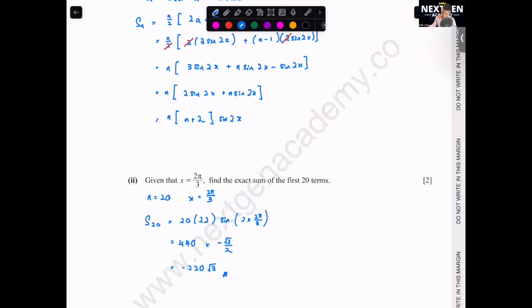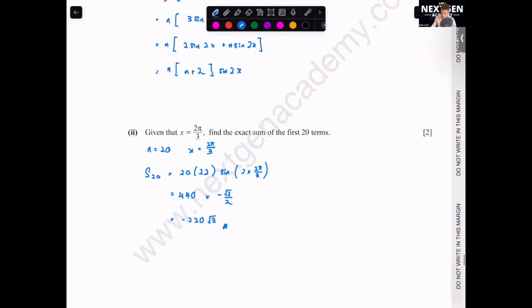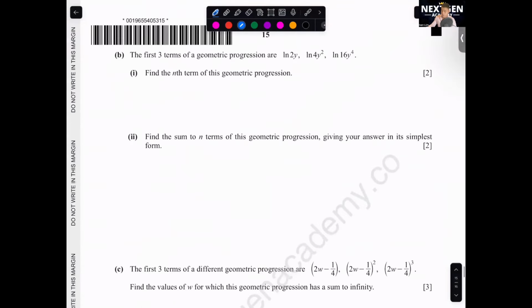Okay, the next one. Question B. The first three terms of a geometric progression are ln 2y, ln 4y squared, ln 16y to the power of 4. We want to find the nth term of this geometric progression. The nth term is a r to the power of n minus 1. So A is ln 2y.